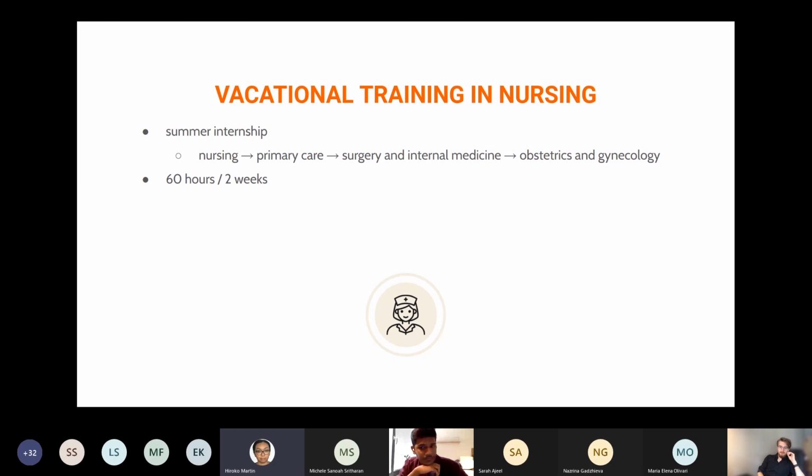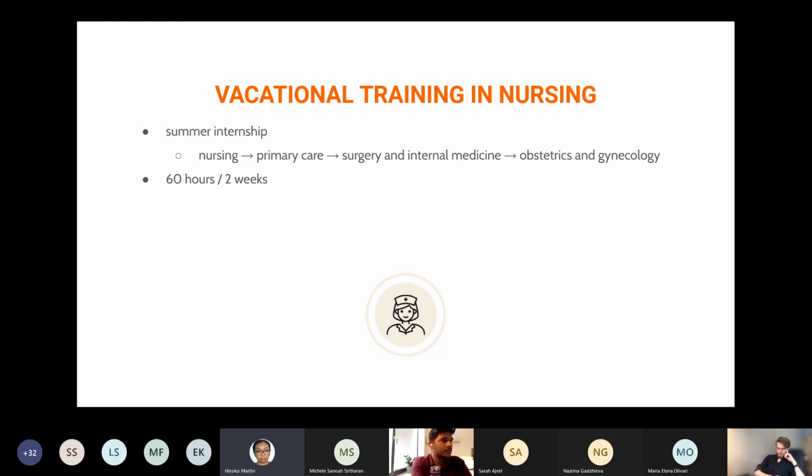What this means is that you are supposed to complete roughly 60 hours within 2 weeks of practical nursing training under the supervision of a nurse. You can actually do this internship either here in Czech Republic, or you can do it in your home country. But I would like to mention the fact that not all countries will allow international medical students to handle and touch patients.